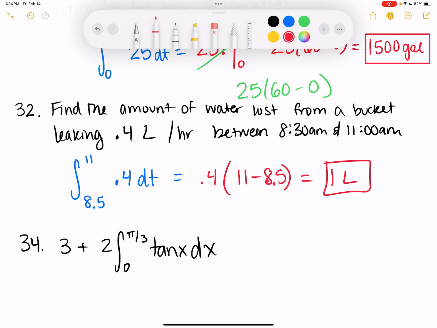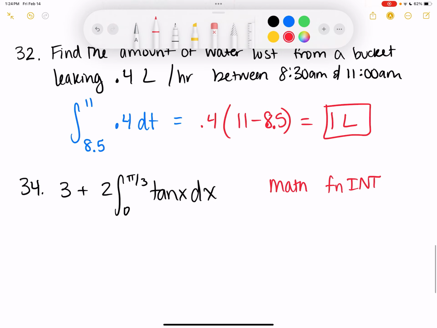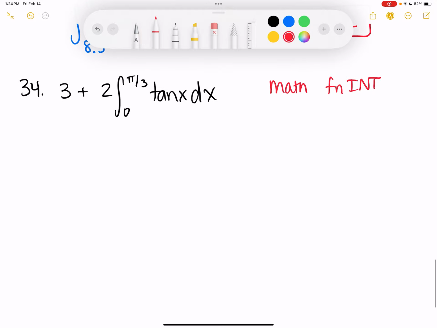So we hit math, and then our calculator says FNINT. The book just says NINT, but this is what this means. So we do 3 plus 2, then math.